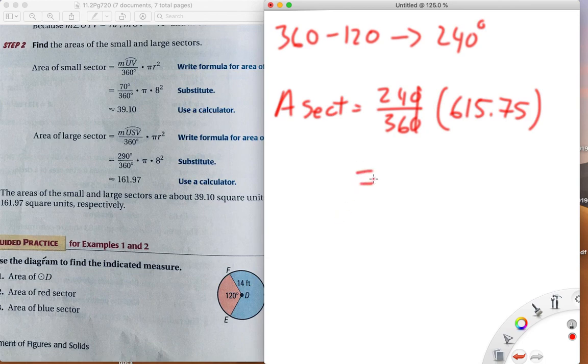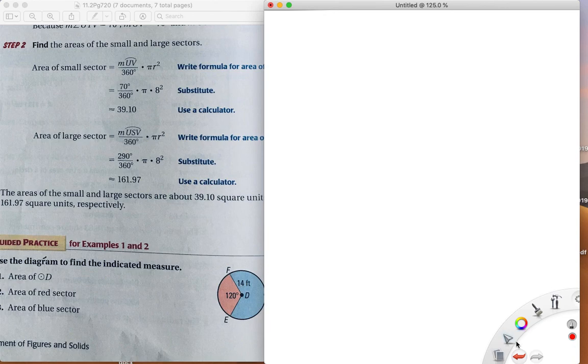That's going to give me approximately 410.5 feet squared. Or once you have gotten the first area of the sector, you could have subtracted it from 615.75. That would have given you the same answer. Okay, so that's the first part.